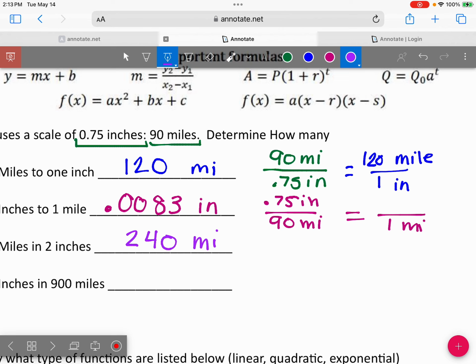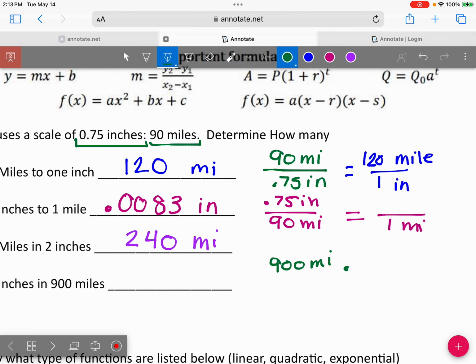And then we want to know how many inches in 900 miles. How could we find that out? Super close, super close. So you can think of it like that, where we have 900 miles.